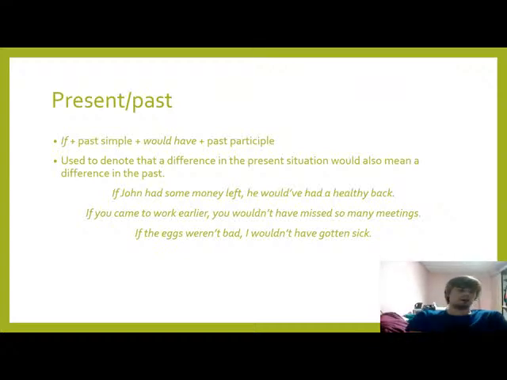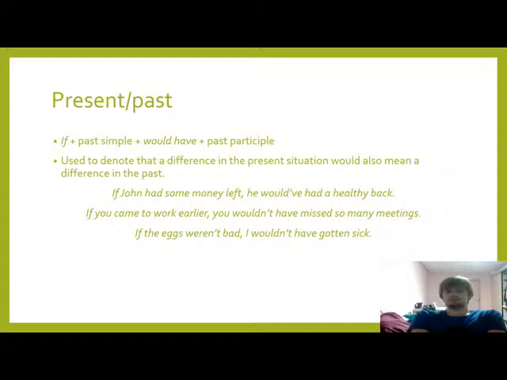And again, a situation we might be familiar with for the most part. If the eggs weren't bad, I wouldn't have gotten sick. Meaning that the speaker ate some eggs and got sick.